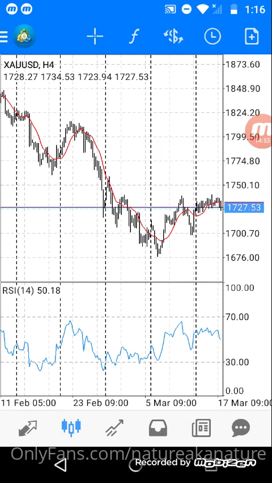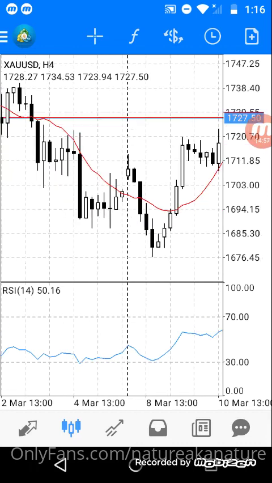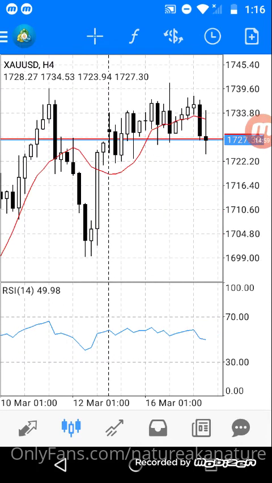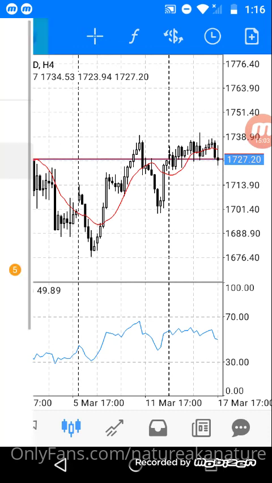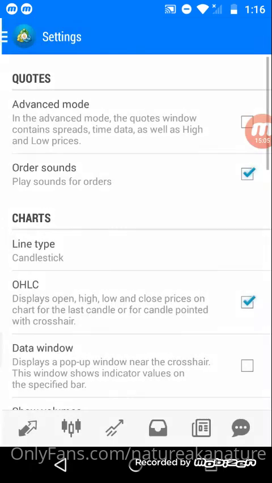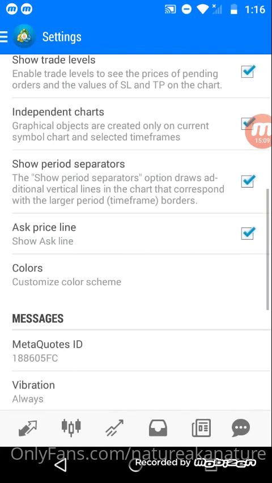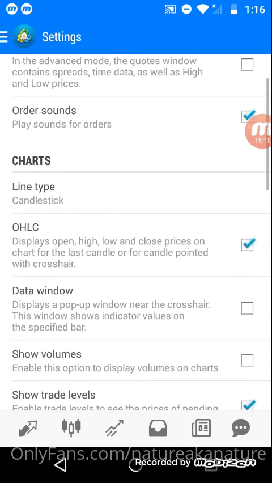I could change the color for y'all real fast, to show y'all a different color. Hold up, let me see. Candlesticks, color. I think it's in color, black and white. Custom.